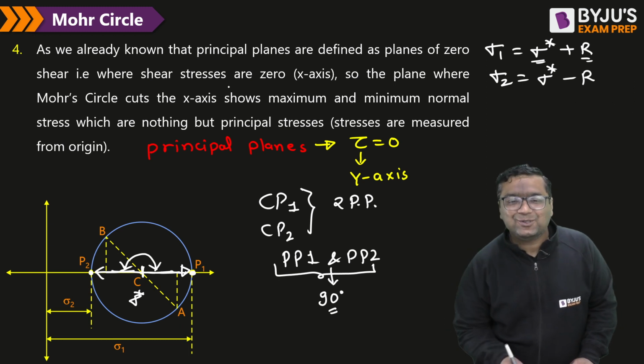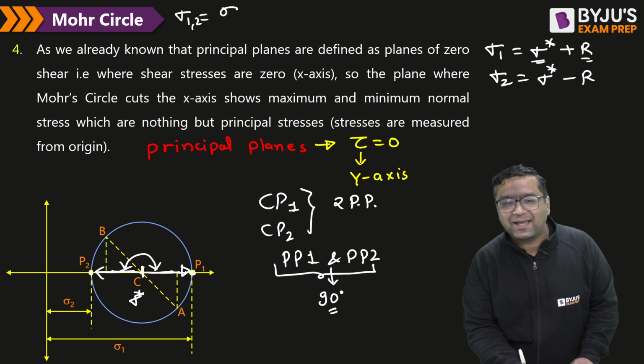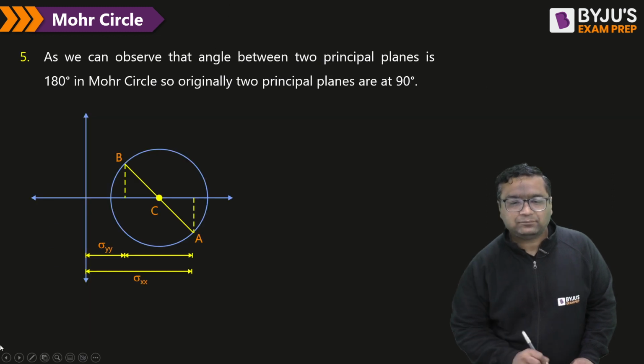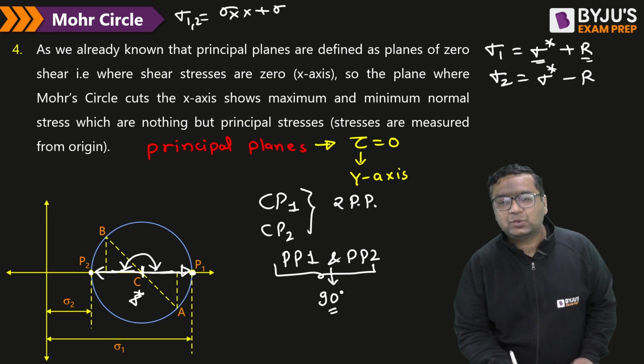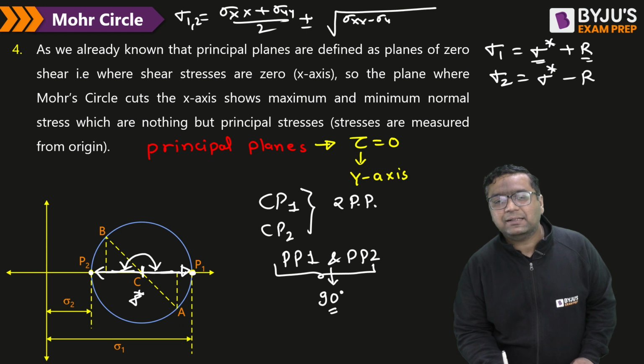So you get those important expressions: sigma 1, 2 is written as (sigma xx plus sigma yy) divided by 2 plus minus square root of ((sigma xx minus sigma yy) by 2) whole squared plus tau xy whole squared.